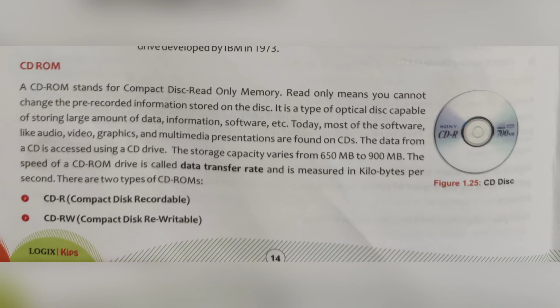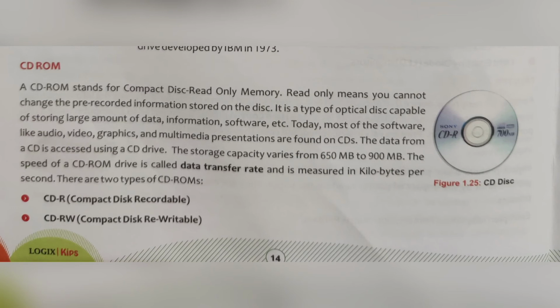The storage capacity varies from 650 MB to 900 MB. The speed of a CD-ROM drive is called data transfer rate and is measured in kilobytes per second.